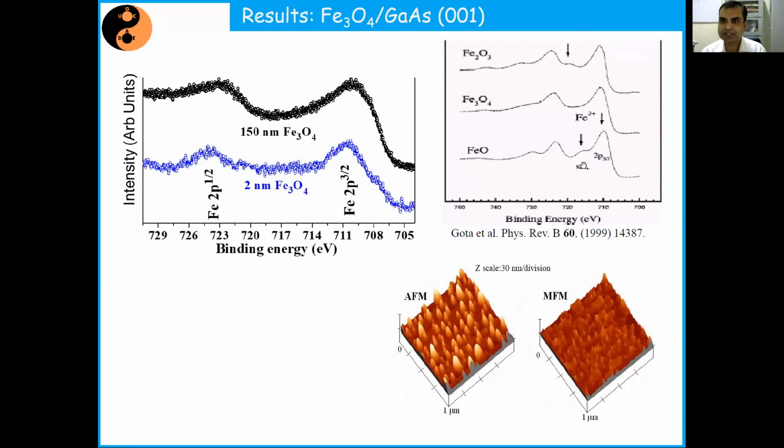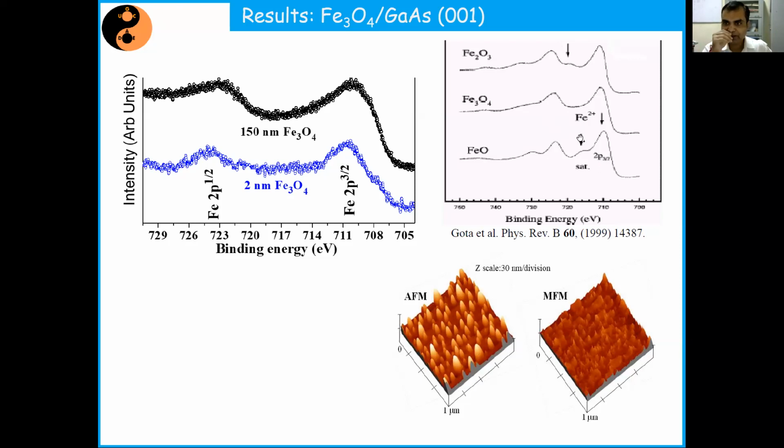If your system has Fe2O3, then the peak positions are relatively the same, but the satellite structure appears at higher binding energy. Fe3O4 being composed of FeO plus Fe2O3, the satellite structures of both phases are present in the system, and they form a rather broad structure. That is what is shown here in this 2 nanometer Fe3O4.